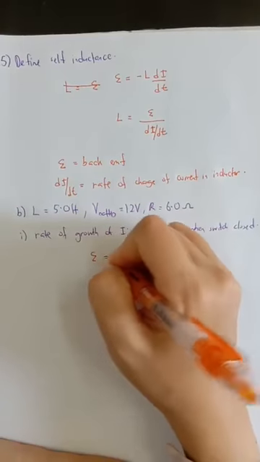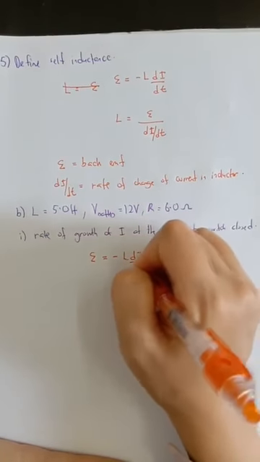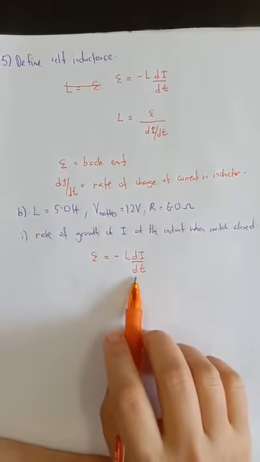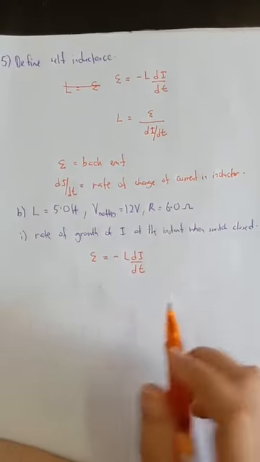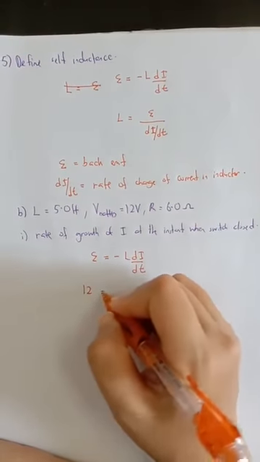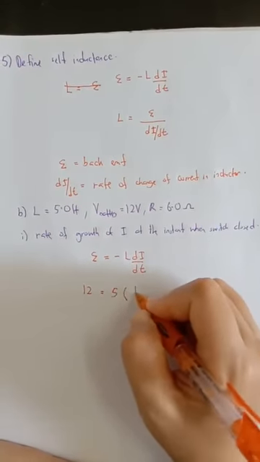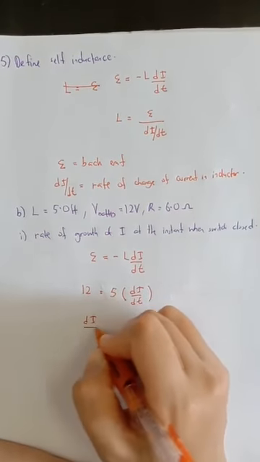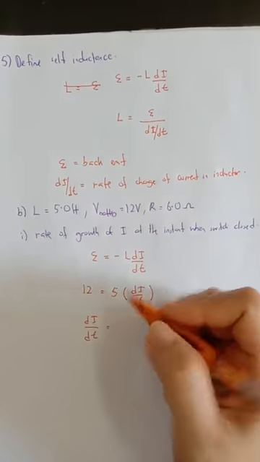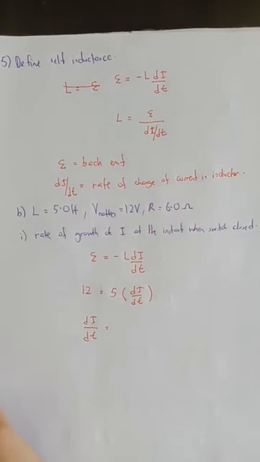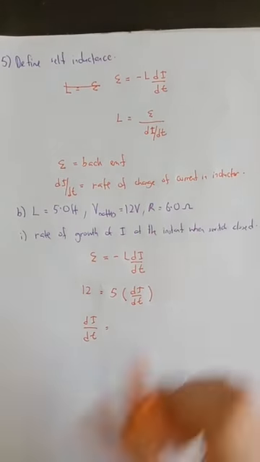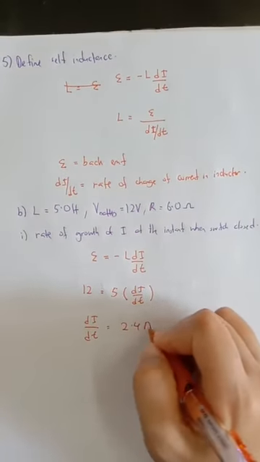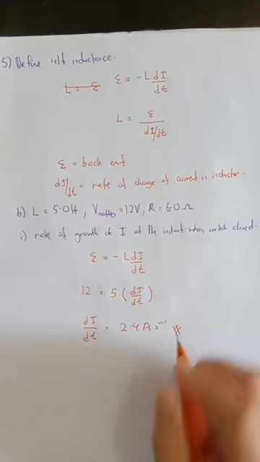So EMF is equal to negative L di over dt. So we want to find this. EMF is 12 equal to 5 di over dt. 2.4 A s^-1.